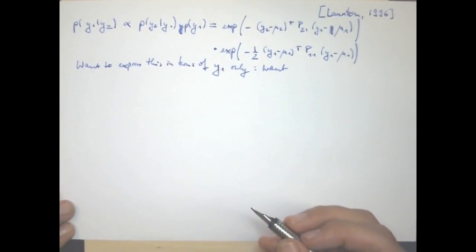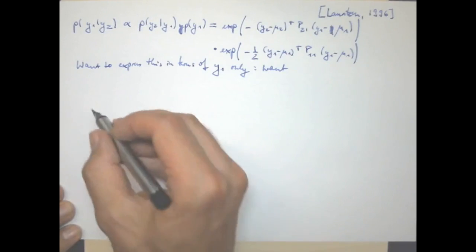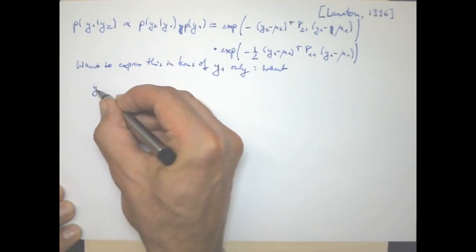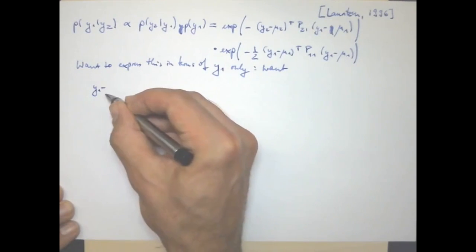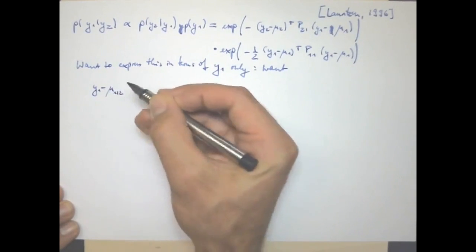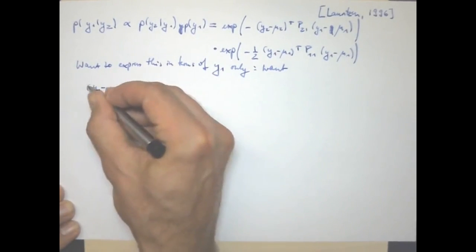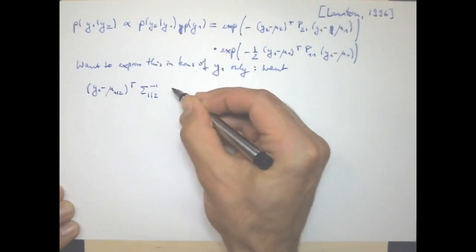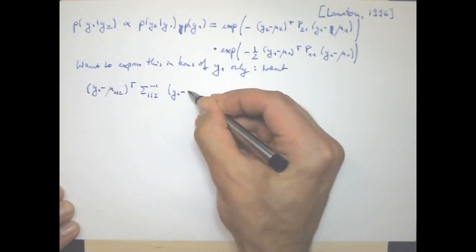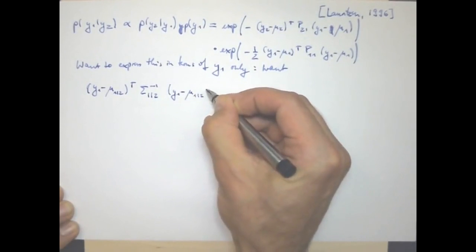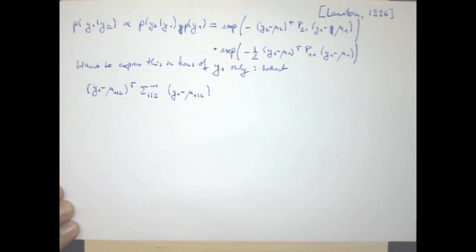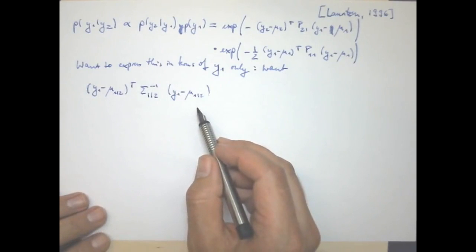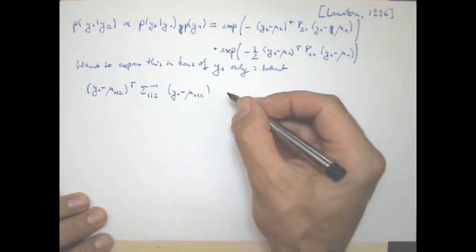So what I want is, I'm omitting the exponential, y1 minus mu of 1 given 2 transpose. So this is what I would like the argument of my exponential to look like. And I'm multiplying it out.